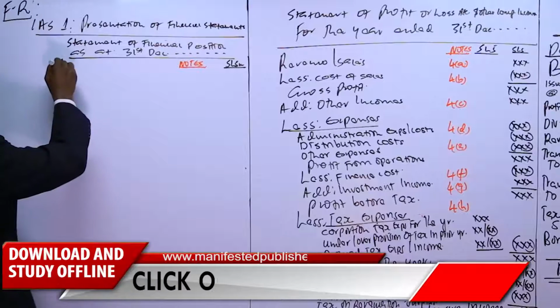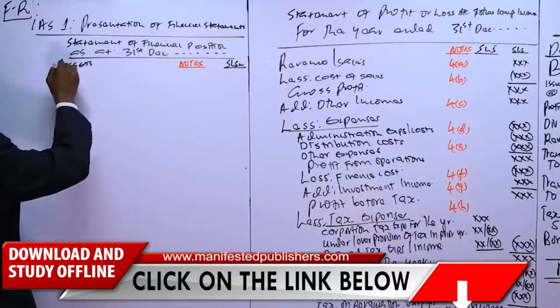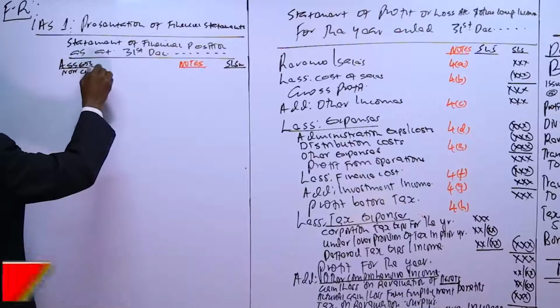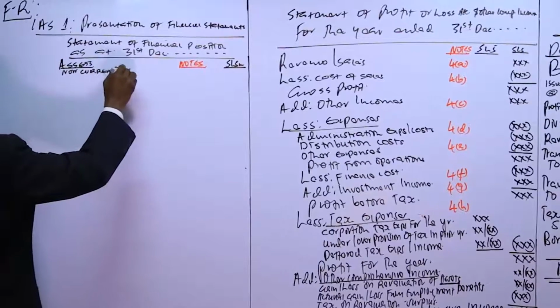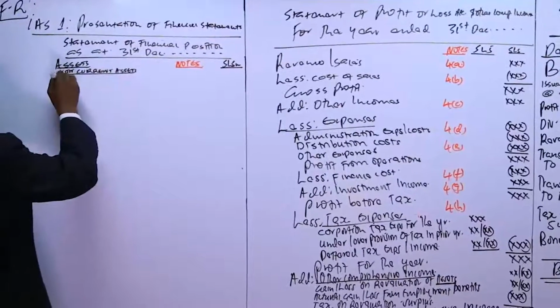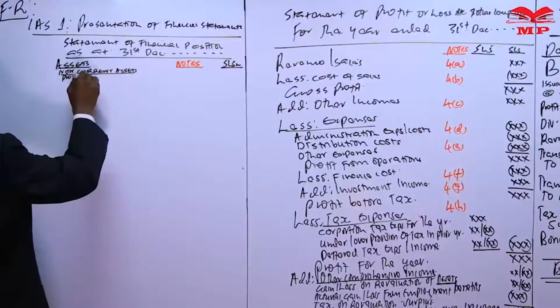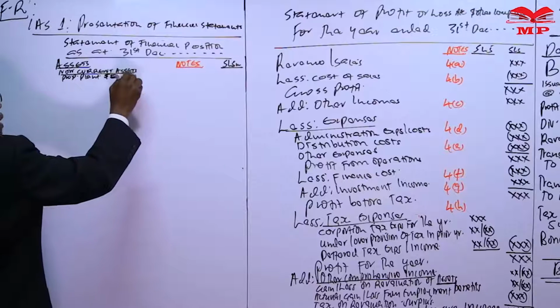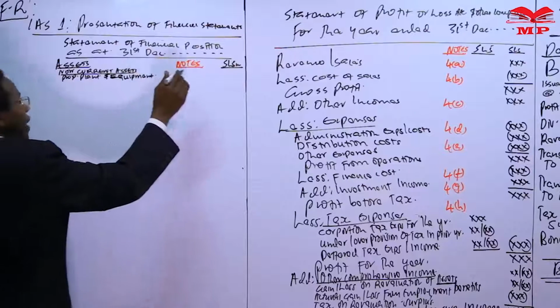Now, we start with the assets, and we have the non-current assets. Under non-current assets, we have property, plant, and equipment. We recognize the net book value.